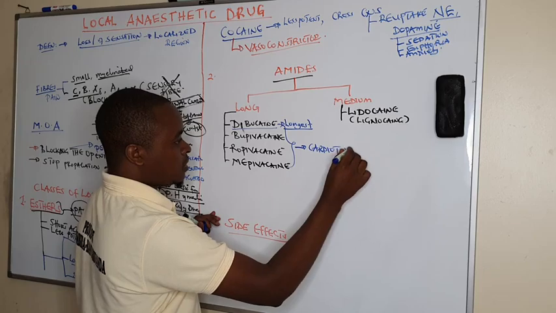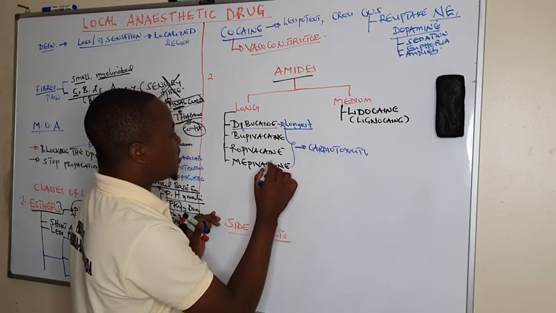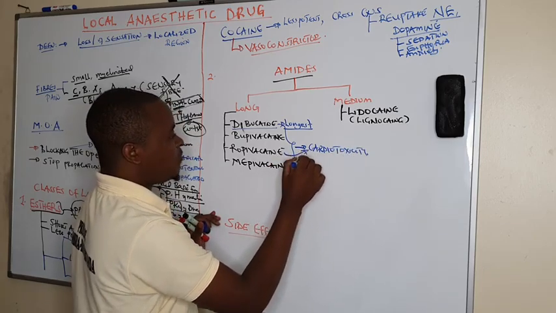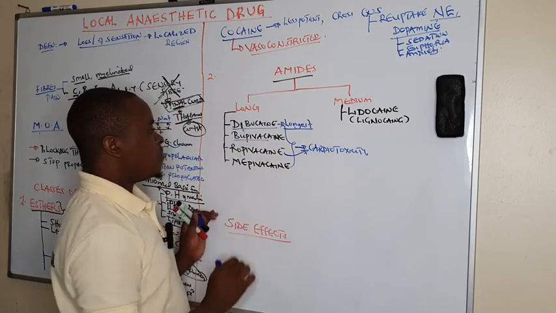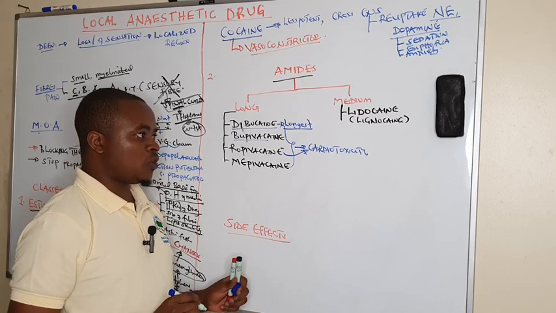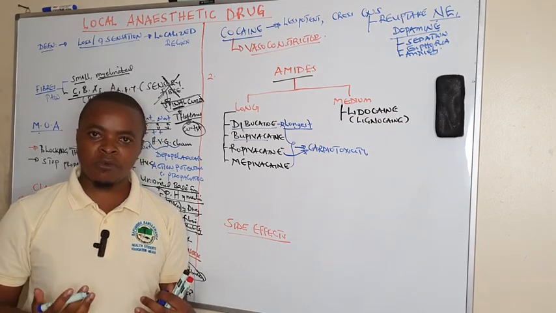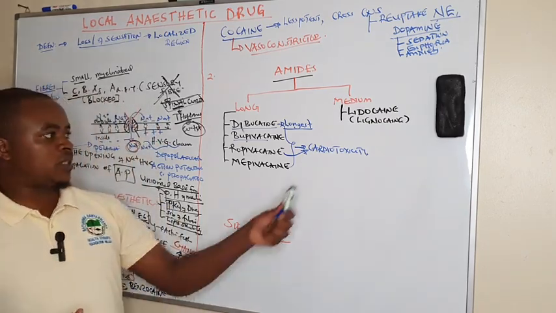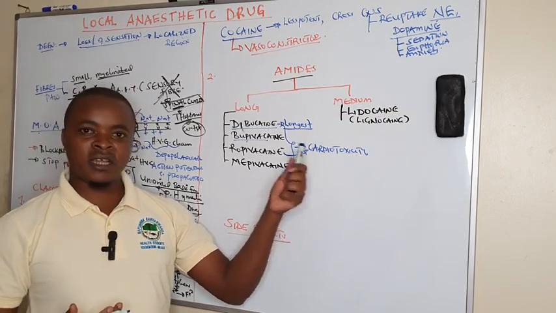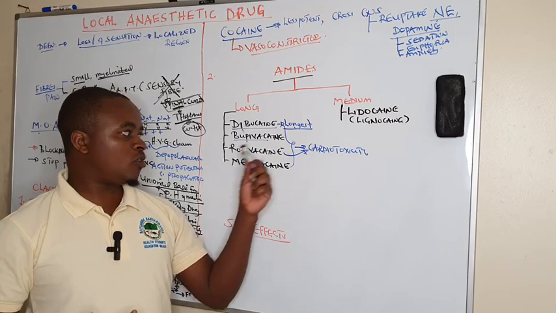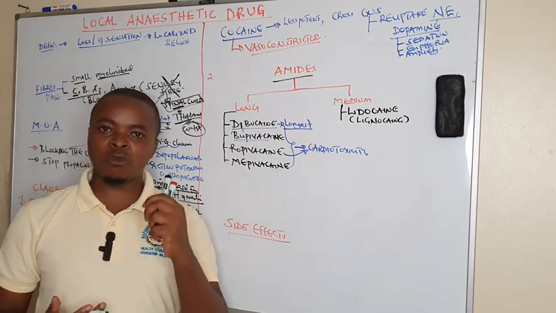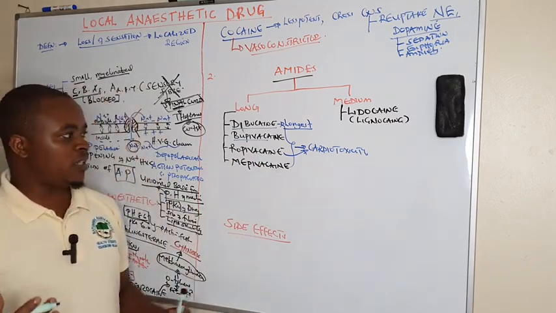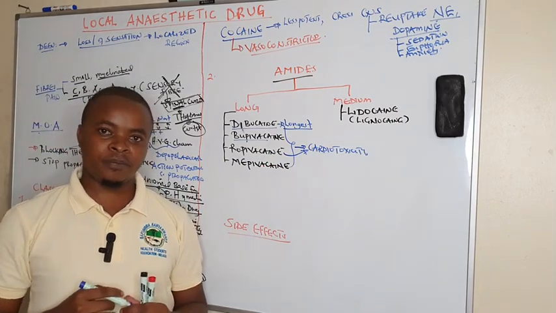They cause cardiotoxicity, especially ropivacaine, followed by bupivacaine. They cause cardiotoxicity, so they are contraindicated in people with hypertension, because these drugs can cause cardiac arrhythmias. Because they are vasodilators, they can bring about hypotension and even ischemia, heart injury.